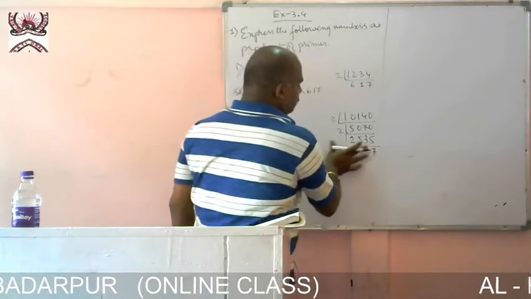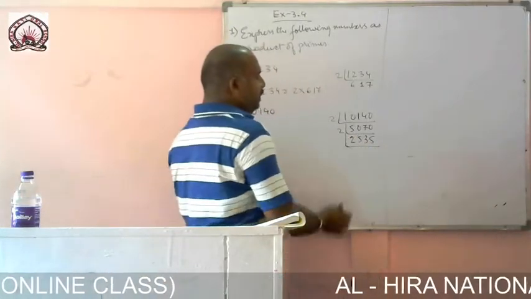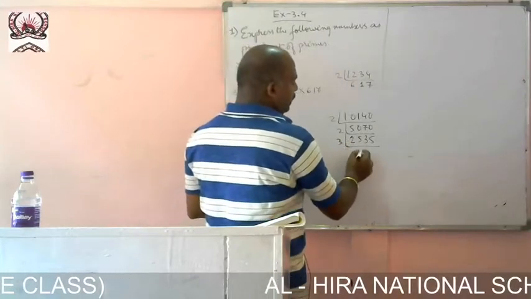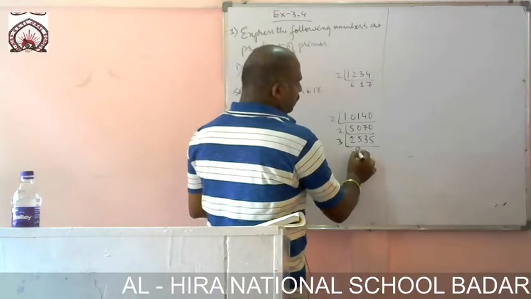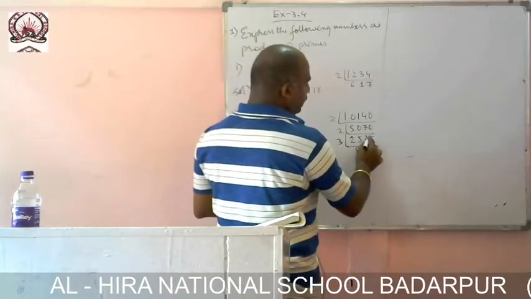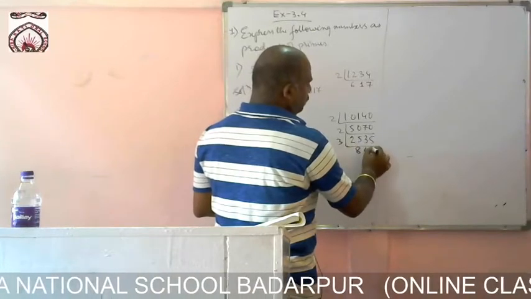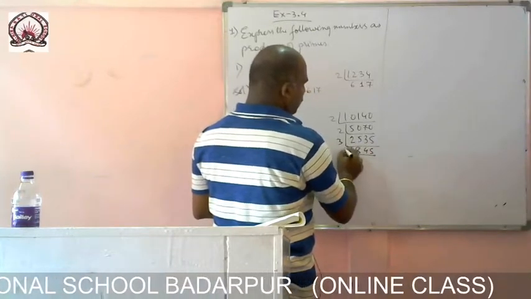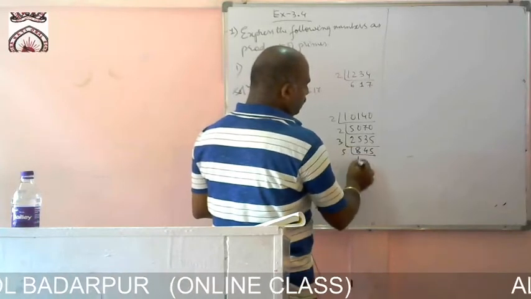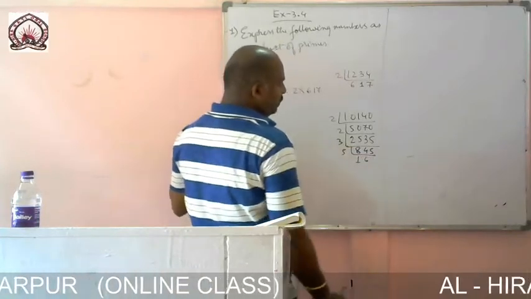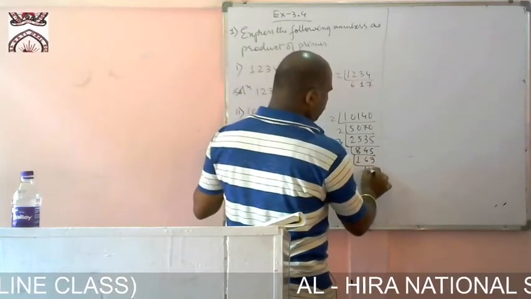It cannot be divisible by 2 again. If I divide it by 3, we get 845. If I divide it by 5, we get 169, which is 13 into 13.